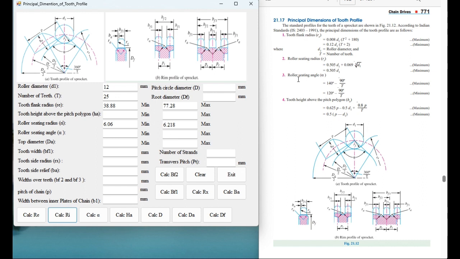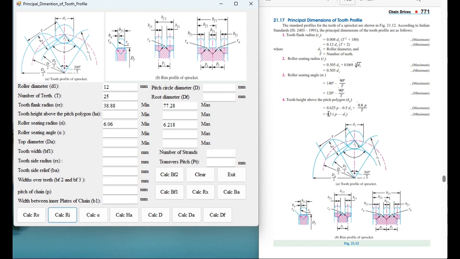In the third section, we can calculate the roller seating angle, alpha, which is equal to 140 degree minus 90 degree over t. This is the maximum value, and 120 degree minus 90 over t is the minimum value.